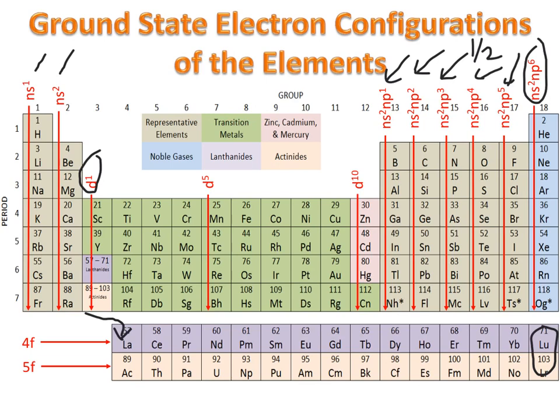When we get halfway across, we get a half-filled subshell. We will note that this will provide some additional stability in the electron configuration. And then finally, when we get to the end of the transition metals, the d subshell is full. And that provides a lot of stability.